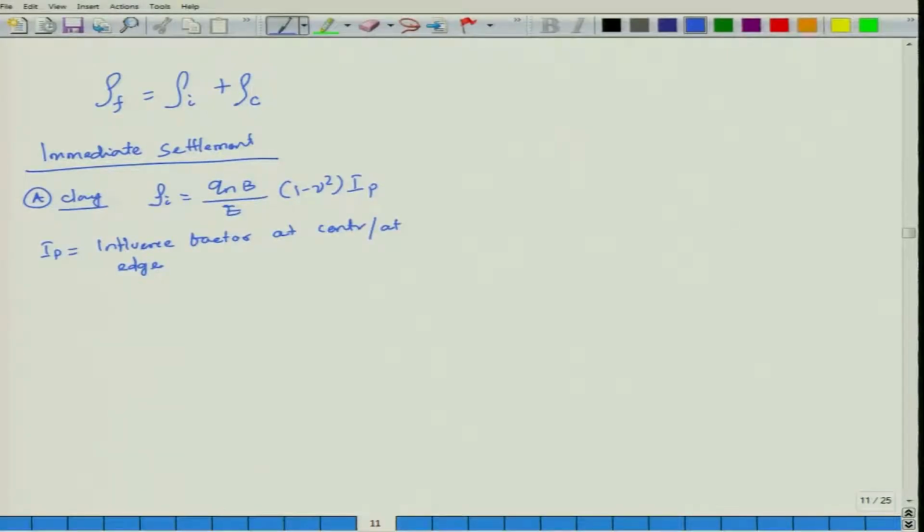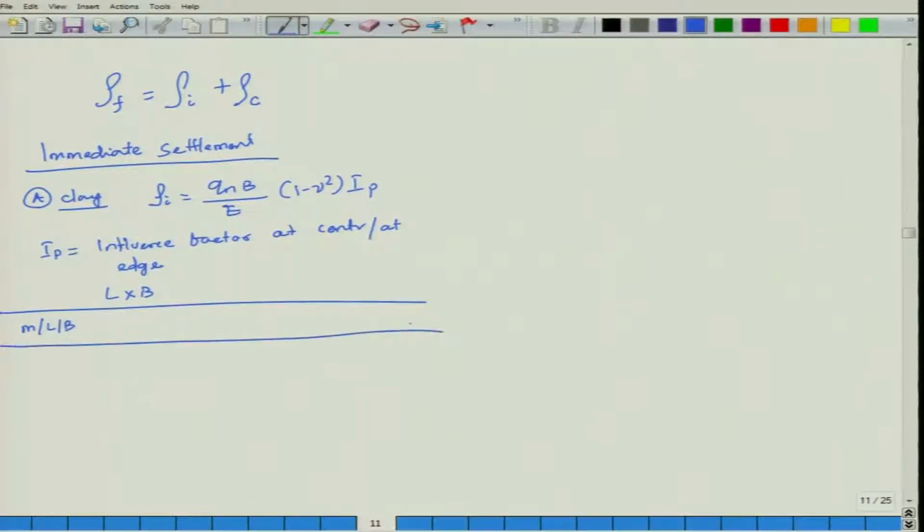Now, different values of the influence factor have been given, particularly for a rectangular foundation, for L by B values. So, m is equal to L by B and Ip the influence factor, here at the center, here at the corner or edge.